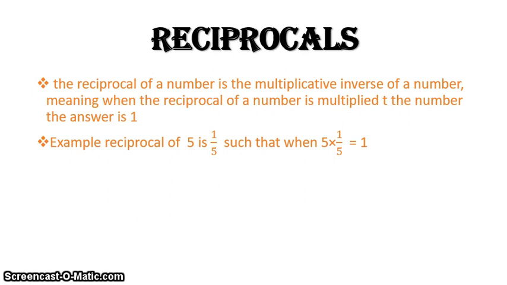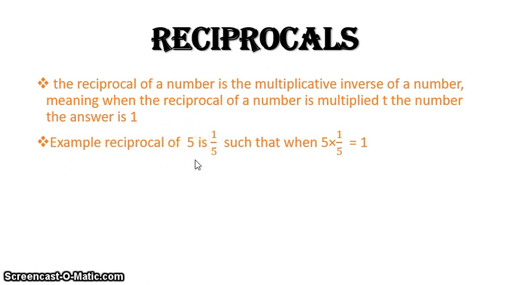When we say it's a multiplicative inverse of a number, we mean if you multiply a number by its reciprocal, the answer becomes 1. For example, 5 has a denominator that is 1.